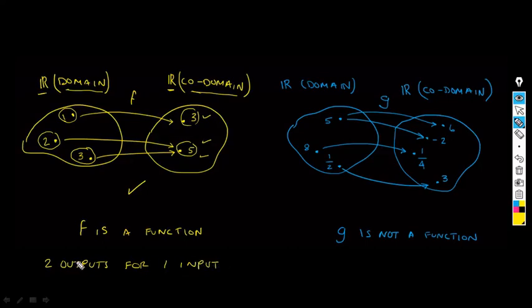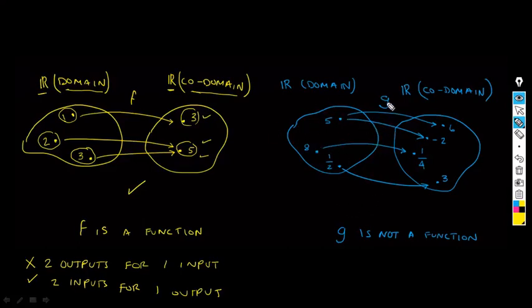This is the requirement, okay? It's not possible to have two outputs for one input, but it's perfectly possible to have two inputs associated with one output. Okay, that is perfectly okay. I can associate two inputs, in this case 2 and 3, with a single output. That is okay.